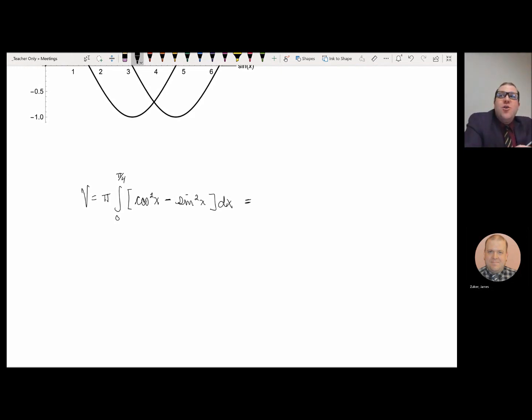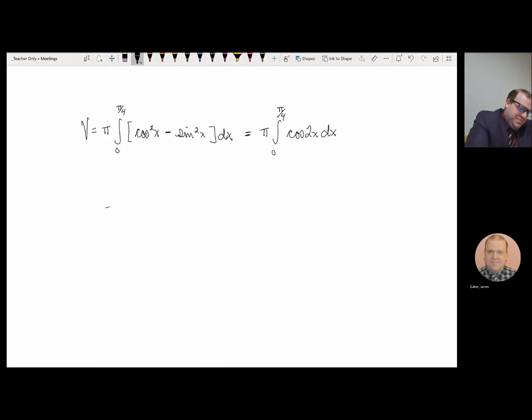Okay, you're overcomplicating it. Cosine squared minus sine squared is cosine of 2x. Ah, now this is really easy. You may want to take to heart the trig identities.